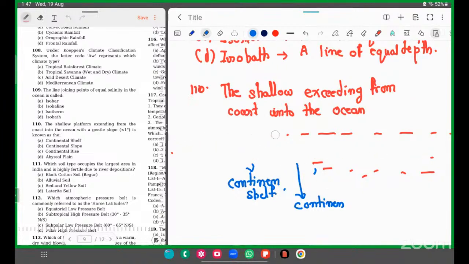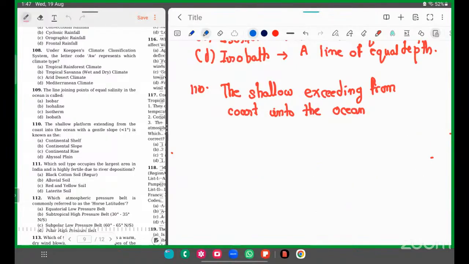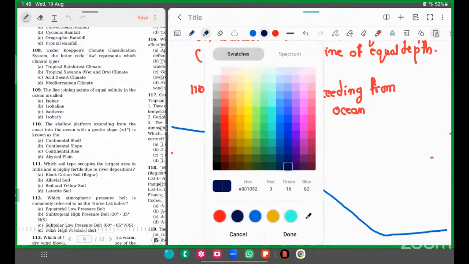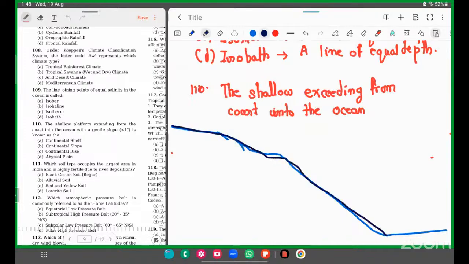Let me draw the drawing again. Suppose this is a line, and water is there.